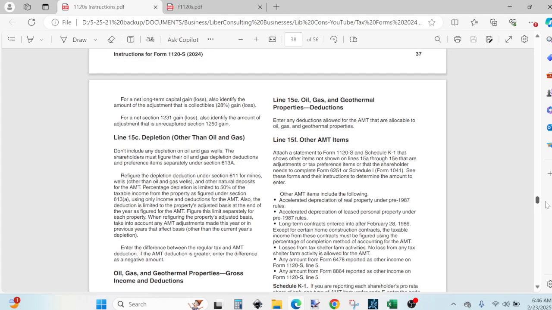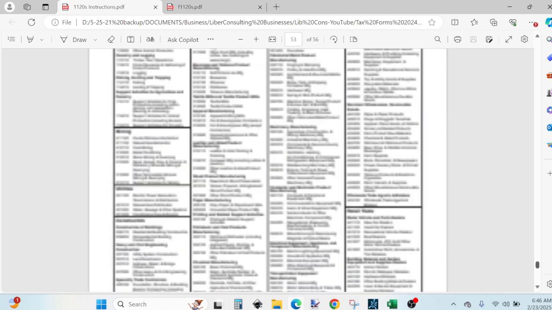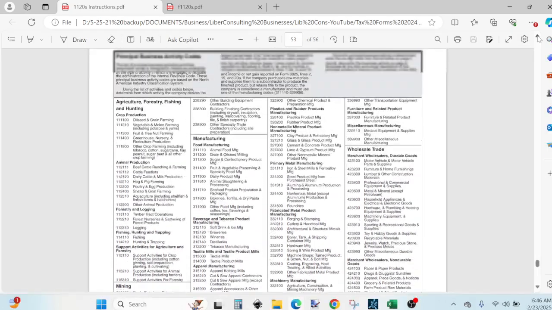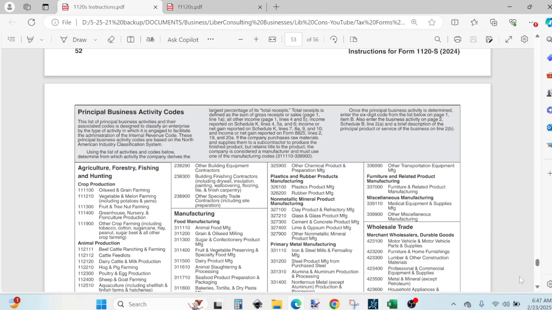If that's your first time, you should be able to find the code at the end of the instructions, and you can read through the codes to see which one best describes your business. So if you are an online business, you do not have a brick and mortar.